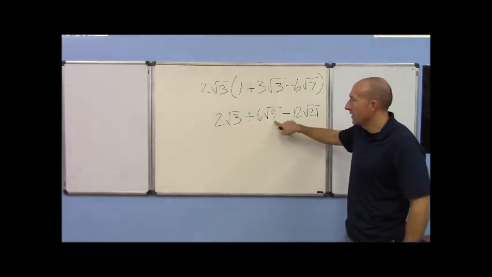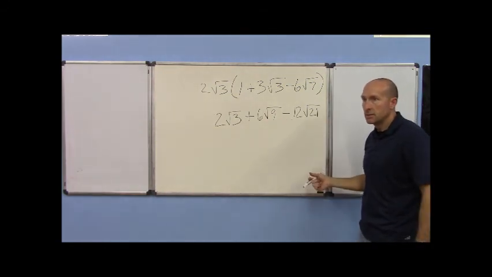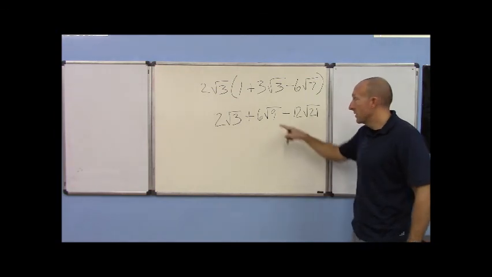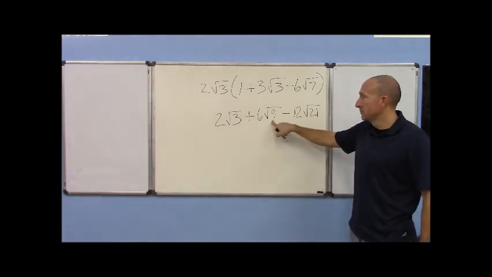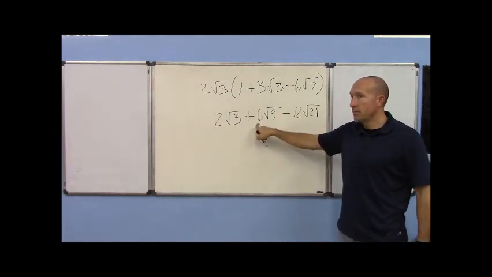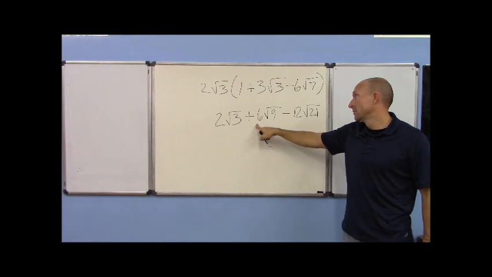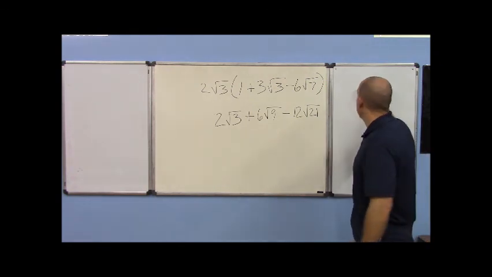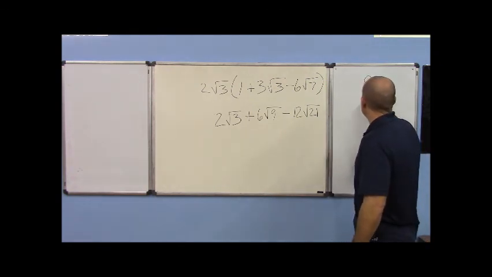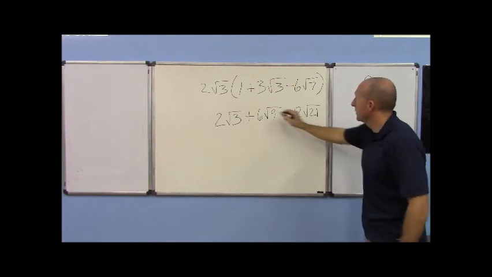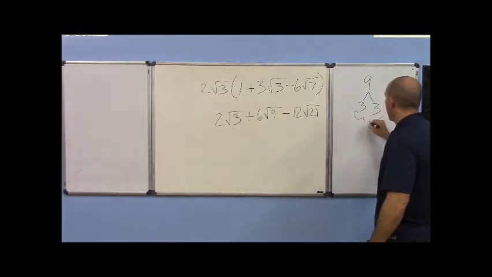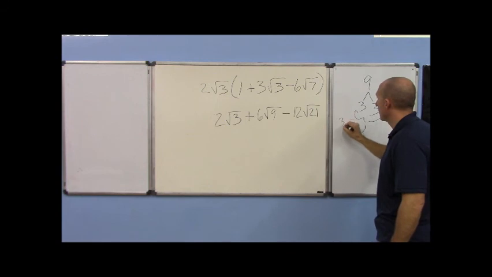6 times the square root of 9, which is what? 3. This is 3. So then it would be what? 2 to the square root of 3. Well, 9 factored is 3 and 3. We're looking for 2 of them, so they all come out as one team of 3.